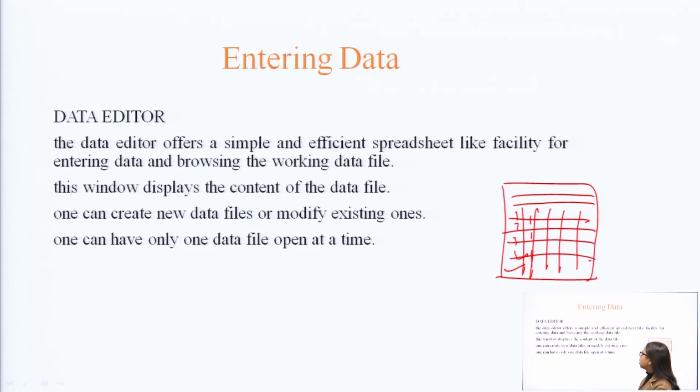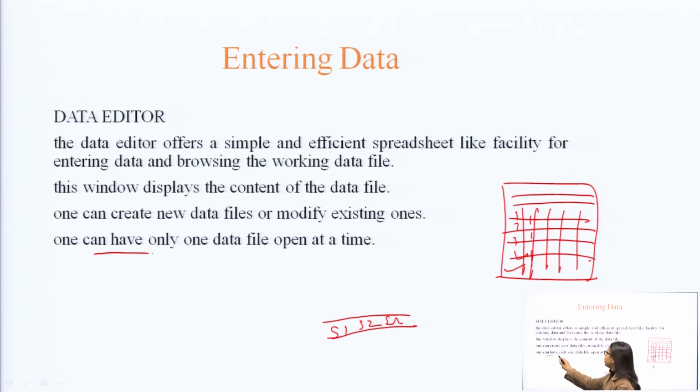It means you can open a worksheet only one time. In MS Excel, you have seen that there are many sheets: sheet 1, sheet 2, sheet 3. You can randomly open any sheet at one time, but here, this is the disadvantage: you can open only one data file at one time.